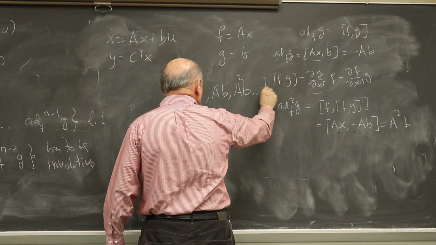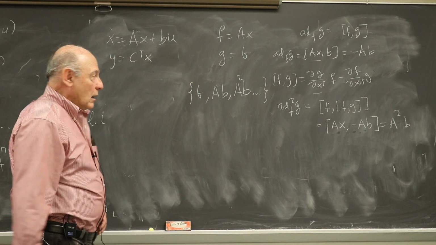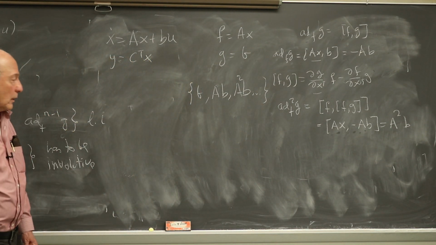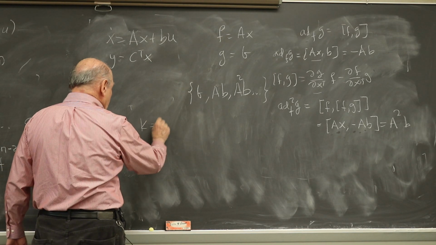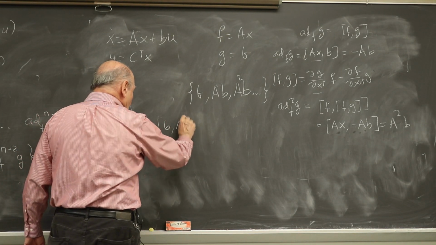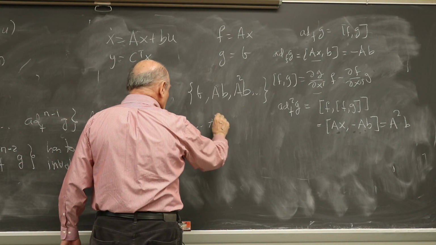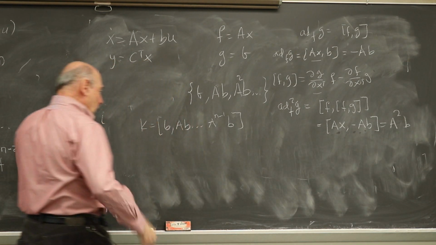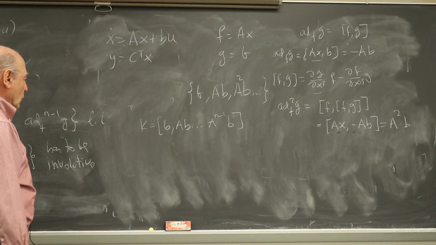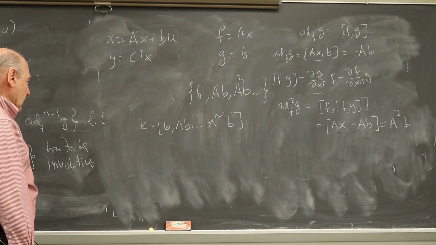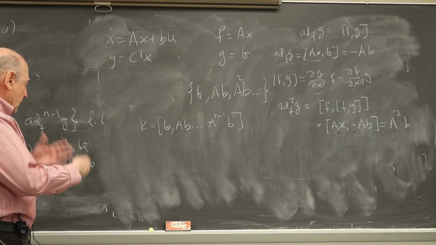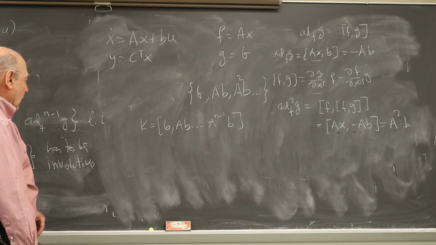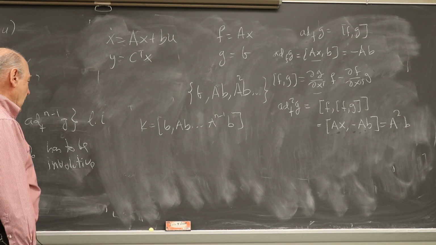So we have that the distribution is going to be like that. They have to be linearly independent. Well, that means that the Kalman controllability matrix is full rank. That's what you need to make the system exhibit that canonical form in which everything will look like a chain of integrations.